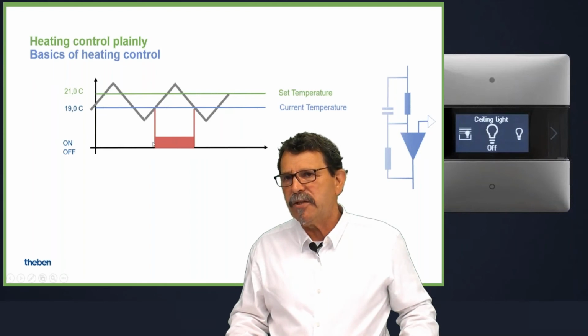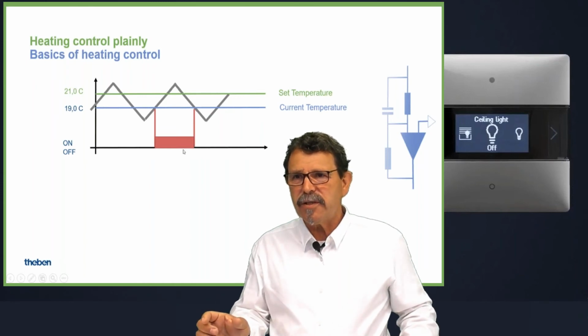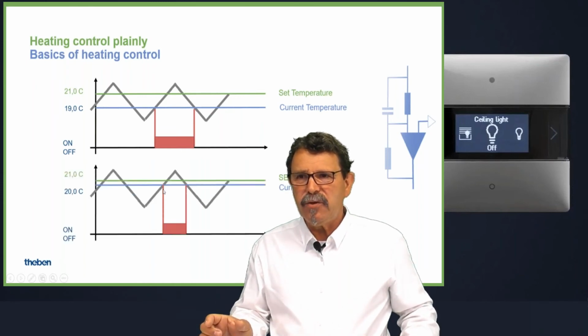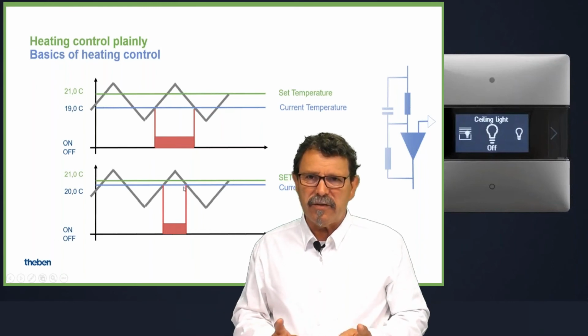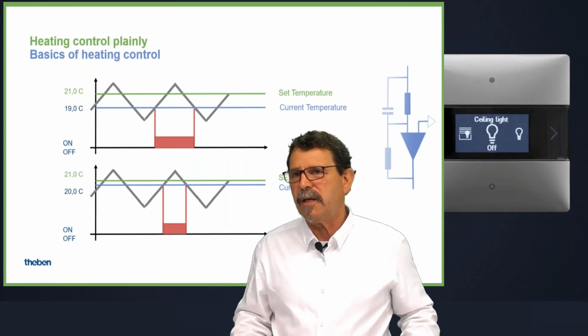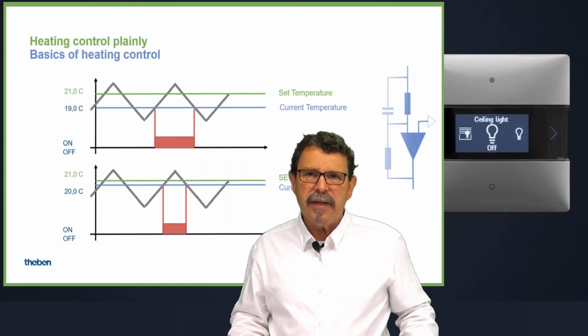That means the heating starts. And here, the heating ends. And the closer we come to our desired temperature, the smaller this on-off cycle of the heating becomes. This is an automatism. You do not have to take care of that.